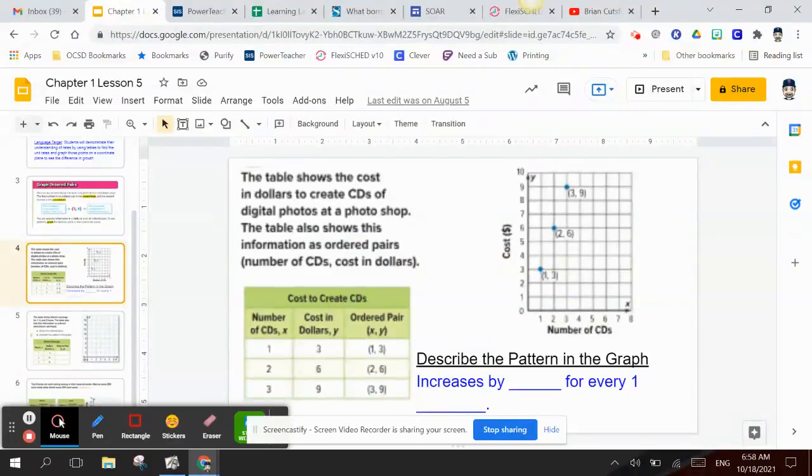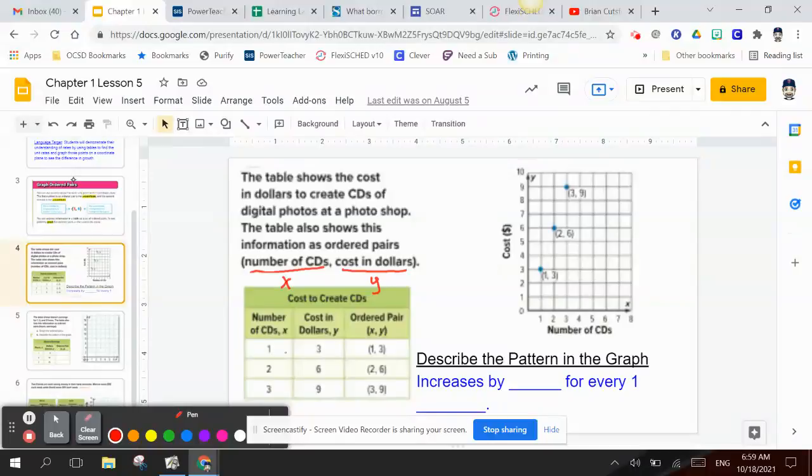So let's look at example number 1. It says the table shows the cost in dollars to create CDs of digital photos at a photo shop. The table also shows this information as ordered pairs of number of CDs to cost in dollars. So number of CDs is my x value, cost in dollars is my y. X is always first.